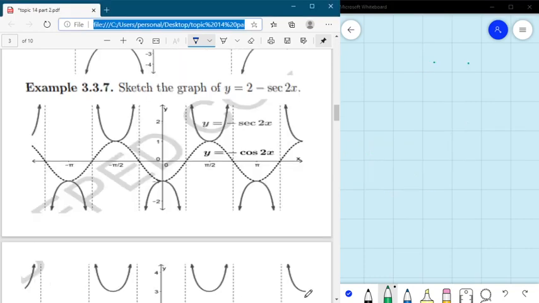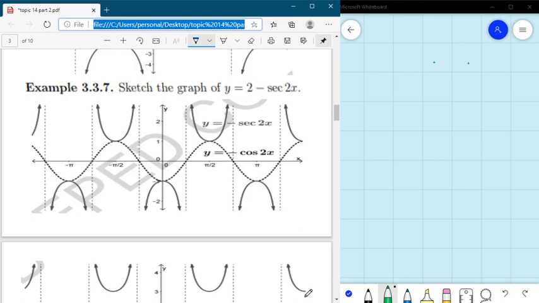Okay, what about 3.3.7? We are going to sketch the graph of y equals 2 minus secant 2x. So, first thing to do is to sketch first the graph of y equals negative cosine of 2x.